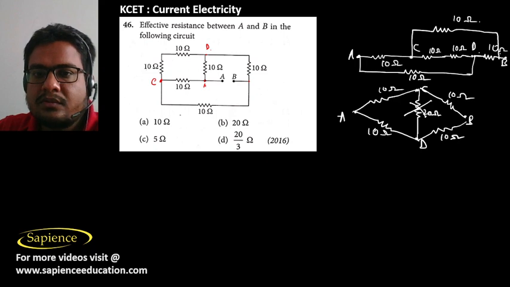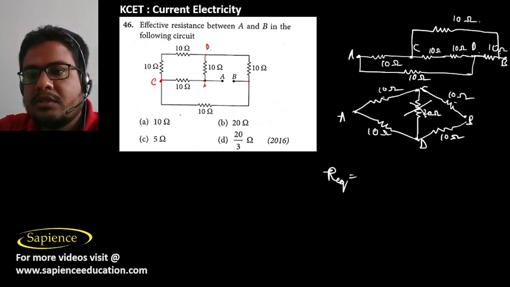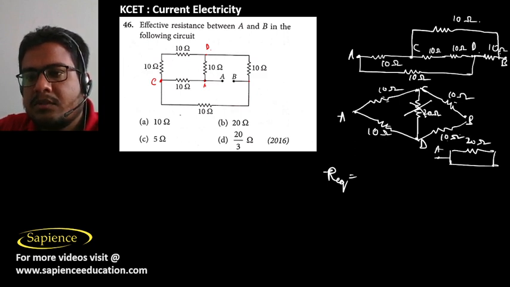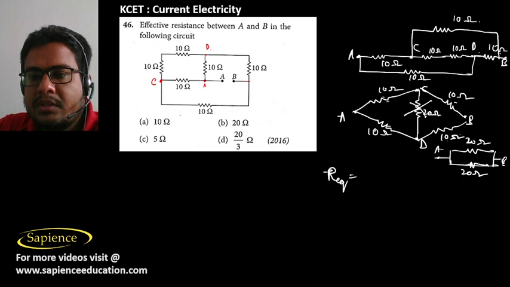So therefore the equivalent resistance in between A and B will be equal to these 10 ohm are in series, and these 10 ohm are in series. Between A and B there is this 20 ohm and this is also 20 ohm. So 20 and 20 in parallel is 10 ohm.